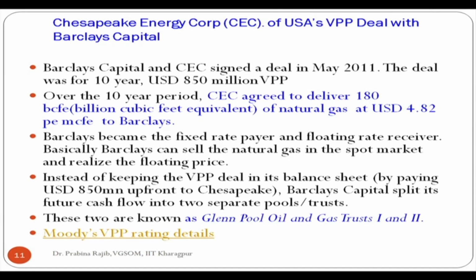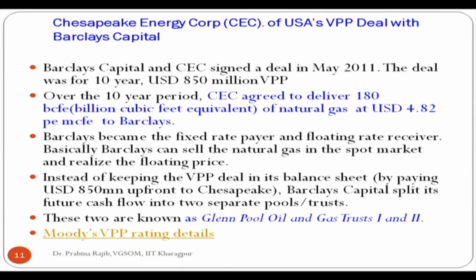So that means, over 10 years, CEC agreed to deliver 180 billion cubic feet equivalent of natural gas at US dollar 4.82 per million cubic feet equivalent to Barclays.